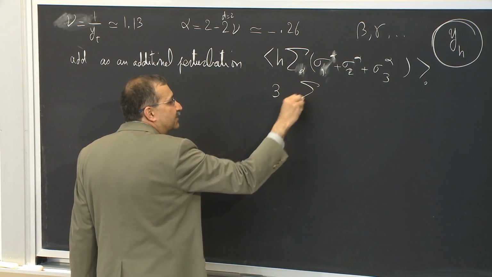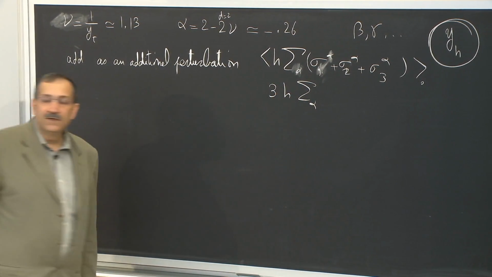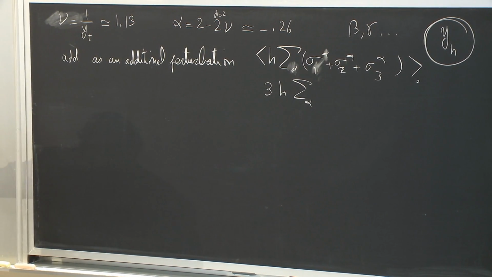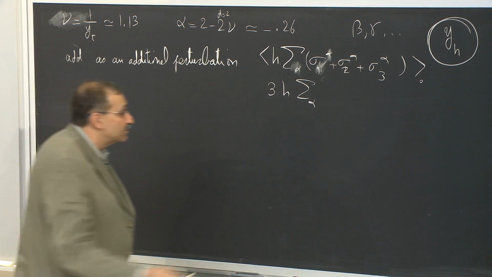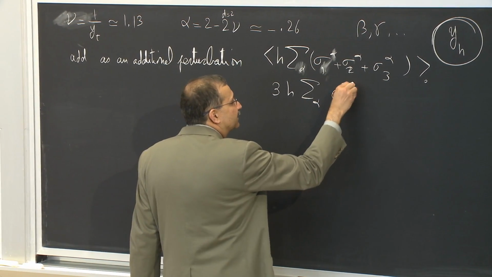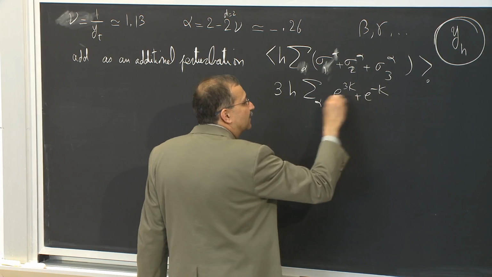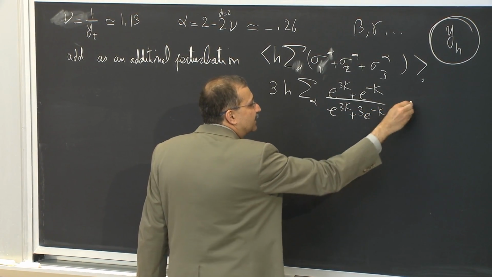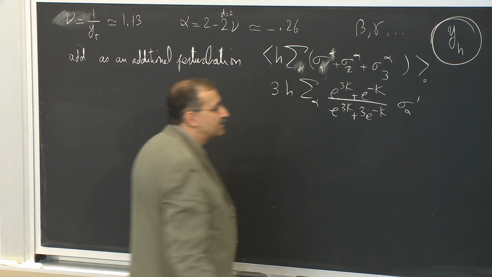So I will get 3h, and for each cell, I will get the average of a site spin, which is related to the cell spin through this factor that we calculated, e to the 3k plus e to the minus k over e to the 3k plus 3 e to the minus k, times sigma alpha prime.